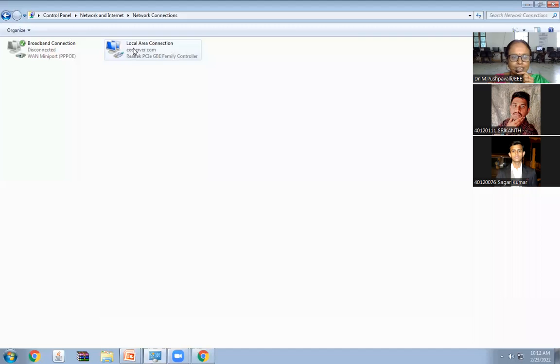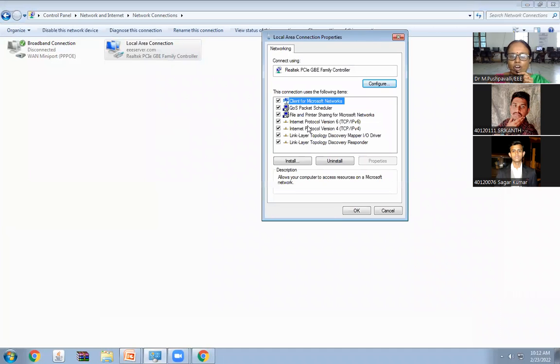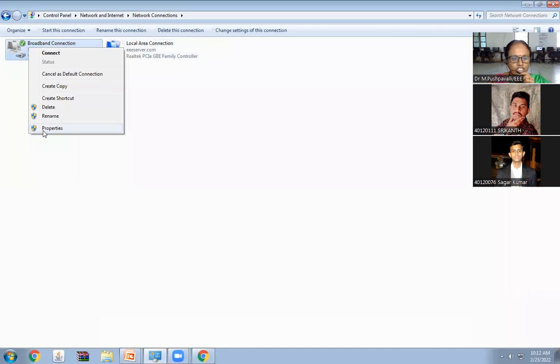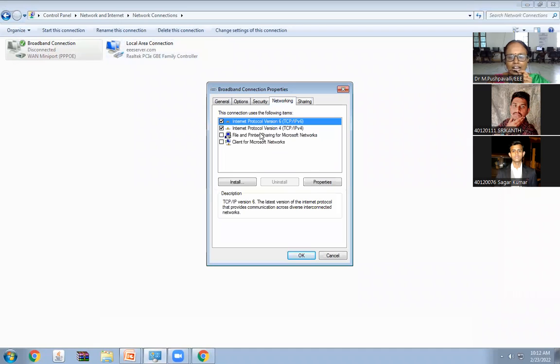When I go to the adapter settings and click on this, I have IPv4, IPv6, internet protocol and all. For the broadband connection, I go to properties, network, and IPv4.